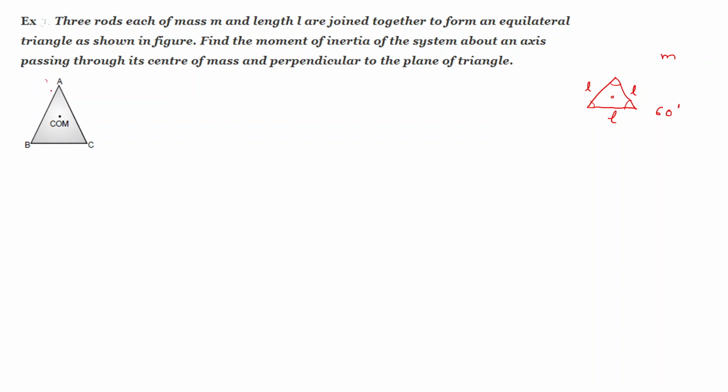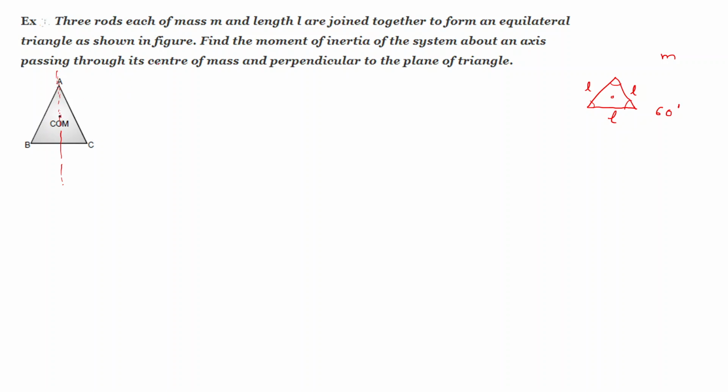Let me draw it like this. What I want to say is it's not parallel. I'll clarify this axis I'm drawing, but it's not in the plane of the triangle.